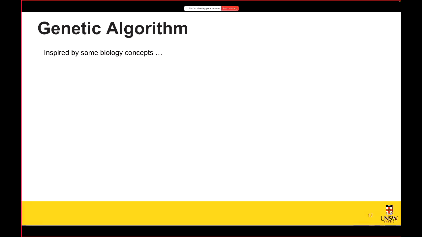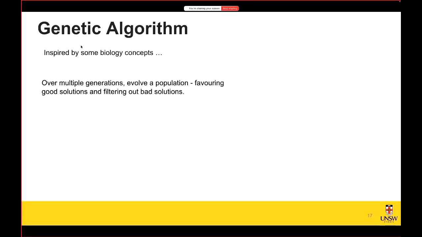As you can see from the name, it's inspired by some biology concepts. The key idea is, over multiple generations of the population, to evolve the population to make the whole population better by favoring good individuals in the population and filtering out bad ones.